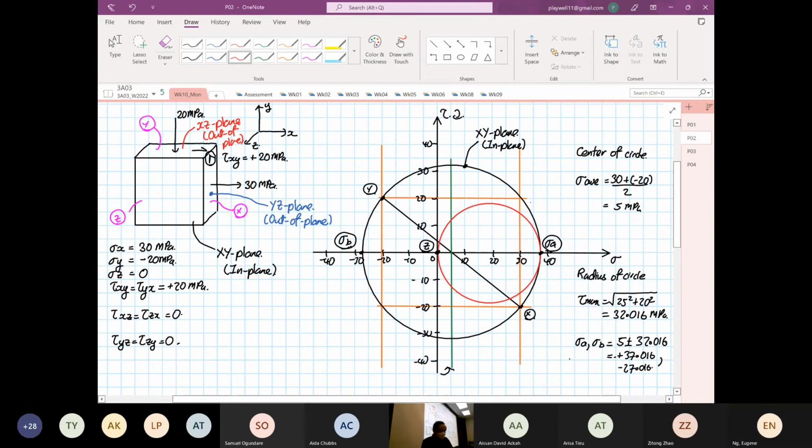This circle that I've just drawn belongs to the XZ plane, which is our out of plane. Now, let me do the other one first, then I will tell you why it is labeled this way. So the third circle that I'm going to draw now will be from here.